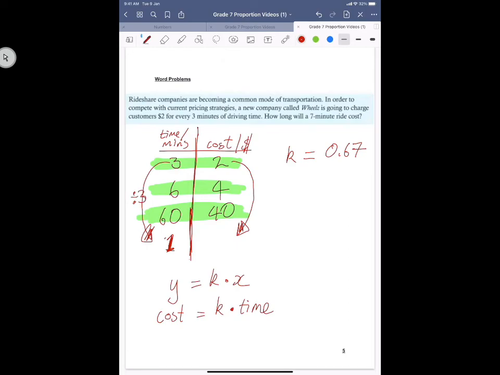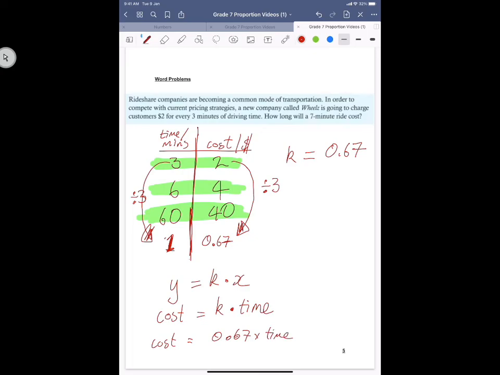So therefore the cost is also divide by 3. 2 divided by 3 on your calculator is 0.67 to 2 decimal places. The rule here is cost equals 0.67 multiplied by the time.